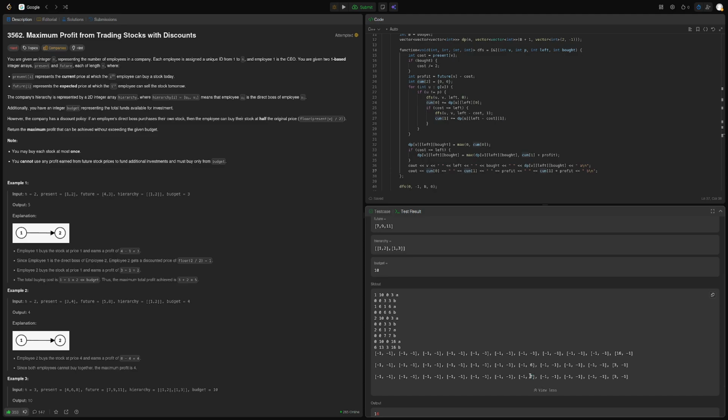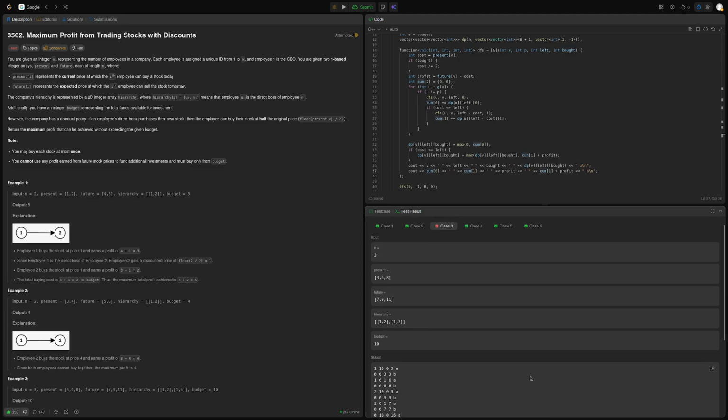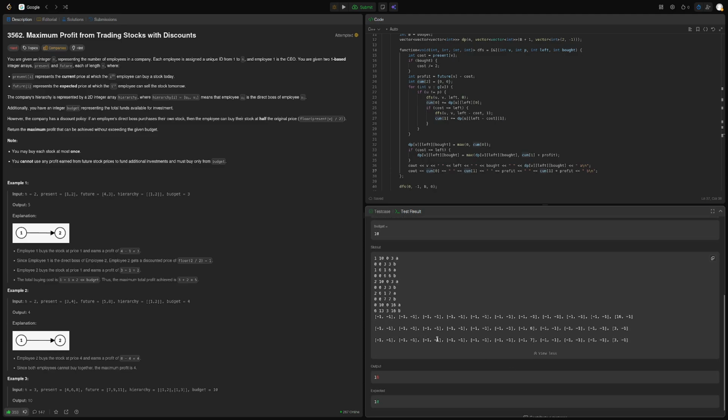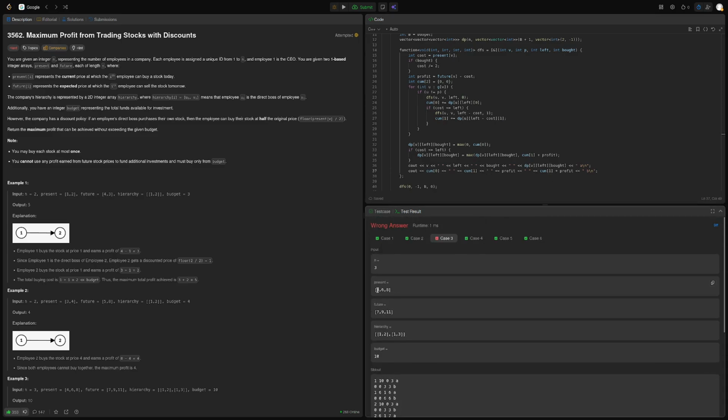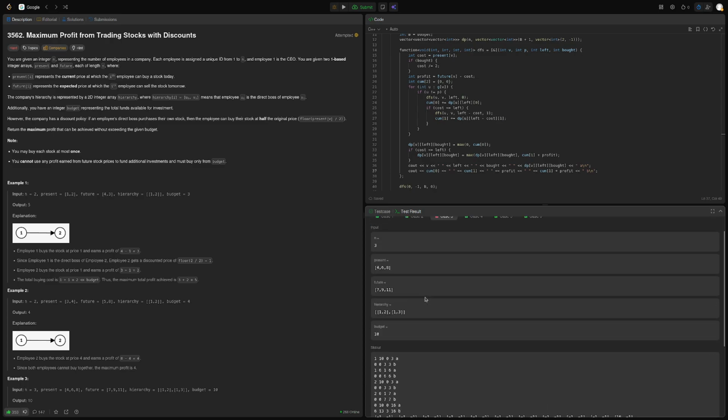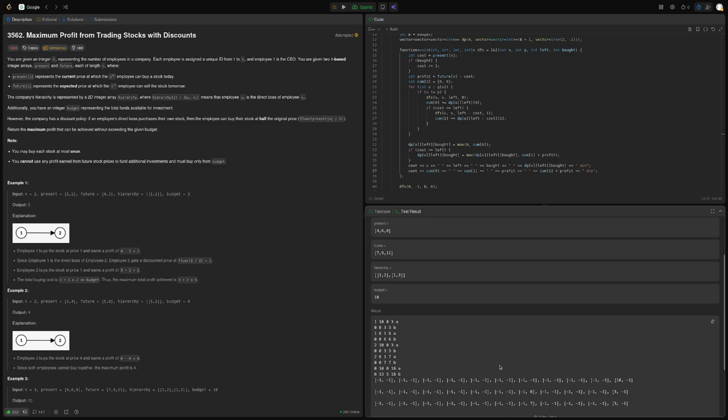If our parent did buy, we are left with budget of 1, 2, 3, 1, 2, 3, 4, 5, 6. Well, it should not be the case. So if we are left with 10 minus, so with 6 money, then we can get profit of this much. That's fair.